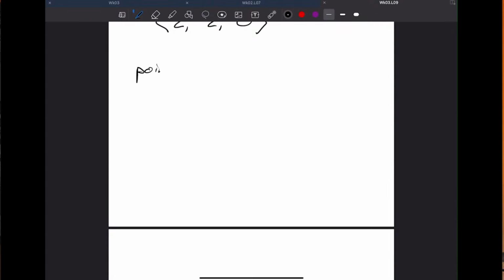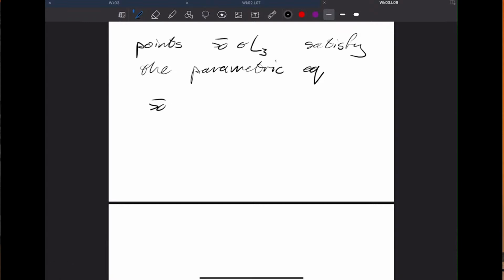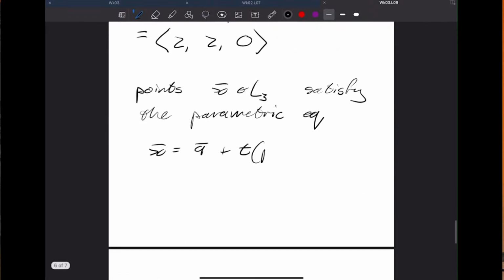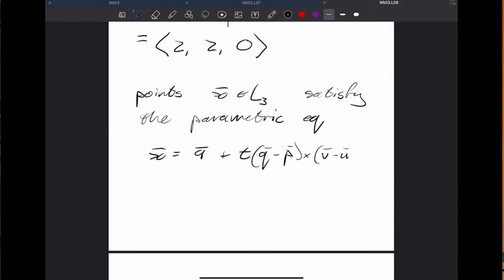So points X on L3 satisfy the parametric equation X is equal to A plus T times (Q minus P) cross with (V minus U), and that is for T in the real numbers.